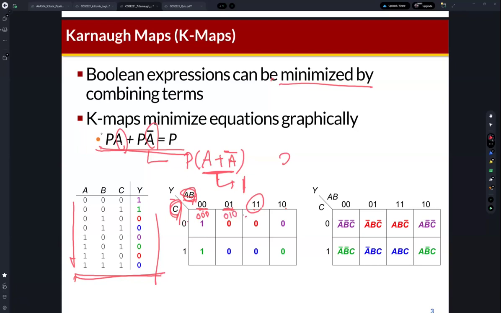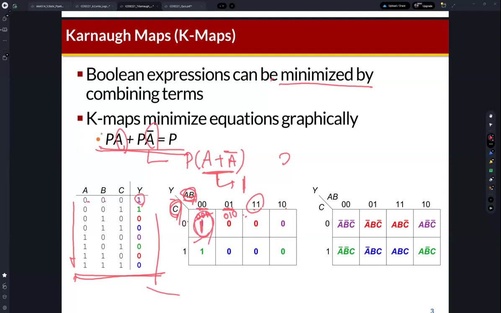Each element represents the output of this logic based on the input combinations. For 000, the output is 1, so we write 1 here.